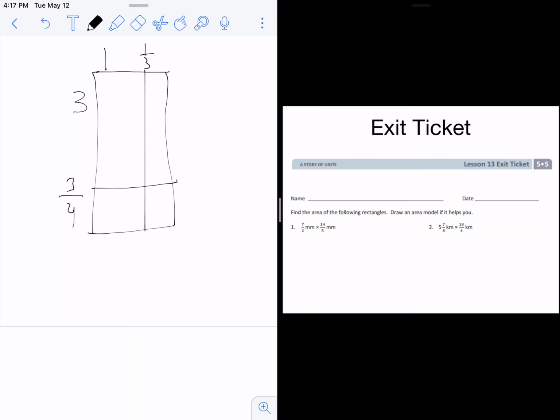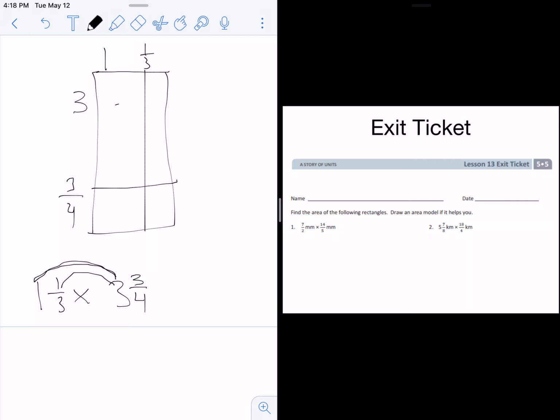Okay, how does the area model relate to the distributive property? And I'm going to show you. So 1 1/3 times 3 3/4. So the distributive property is when you multiply the wholes, and then 3 times 1/3.